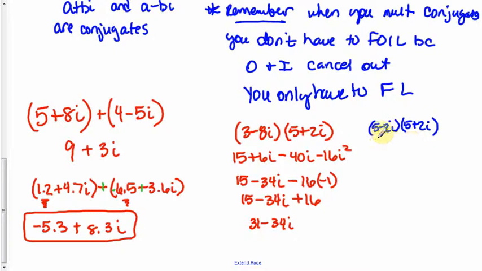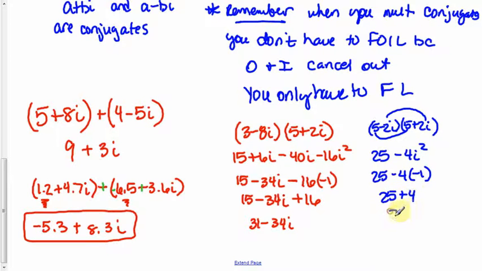So we only have to do the first times the first and the last times the last. So 5 times 5 is 25, and then negative 2i times positive 2i is negative 4i squared. So that becomes 25, I'm showing every little step, minus 4 times negative 1, which is 25 plus 4, which is 29.